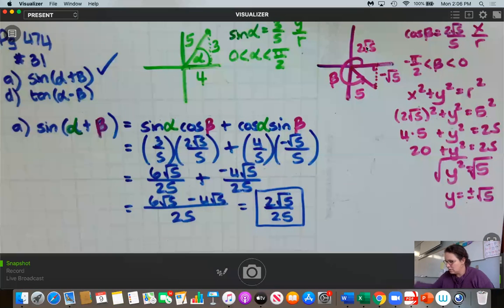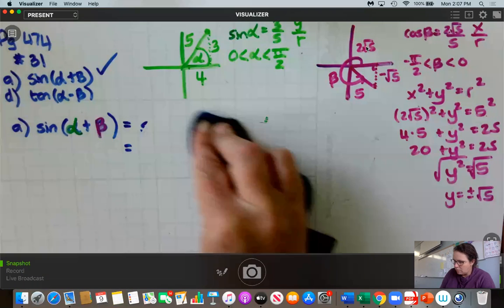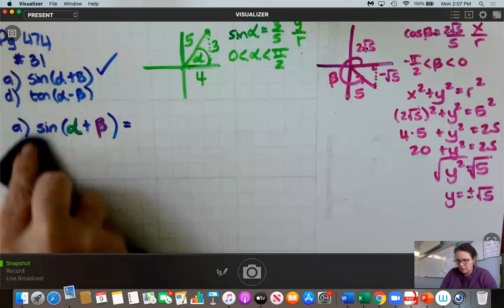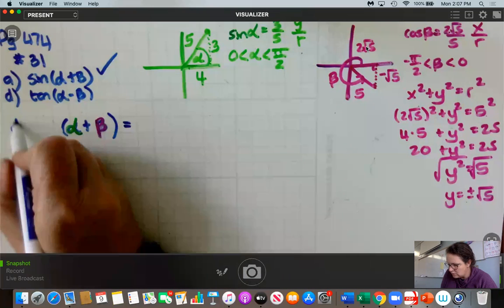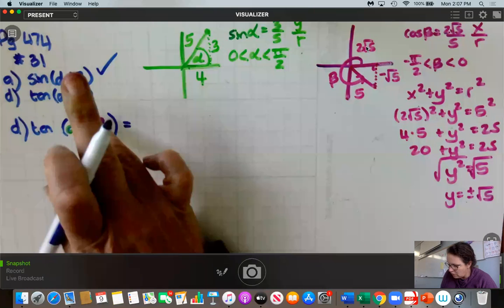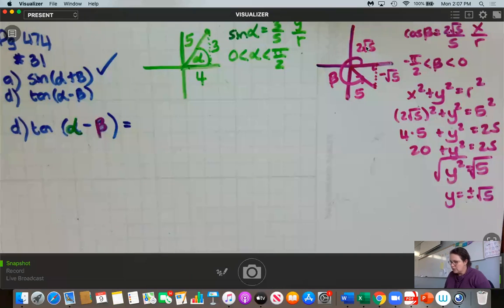Part B, we're going to use the same two triangles, but this time we're going to use a different identity. Since we're doing tangent, and we're doing tangent of alpha minus beta. So again, we're going to go to our identity sheet.